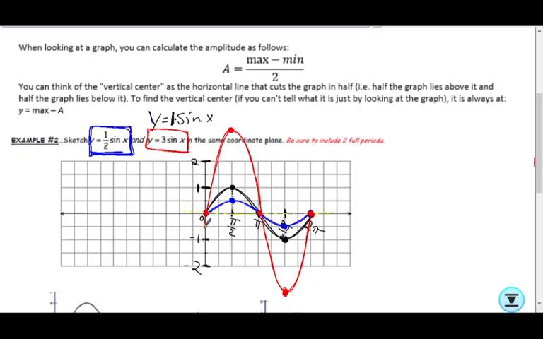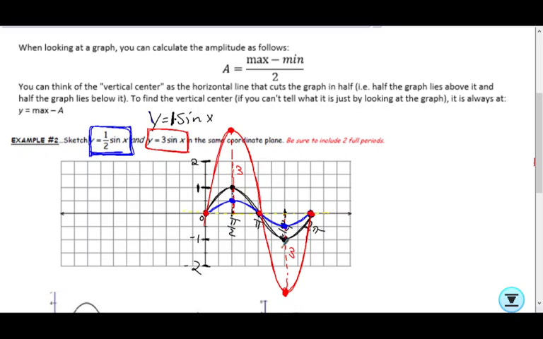Notice that my x's didn't change, just like before. Since it's a transformation of y's, it's a vertical stretch or compression. But in this case, what it's done is it's increased this distance right here to 3. And this distance right here is also 3.